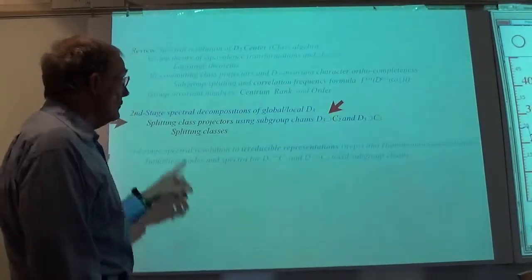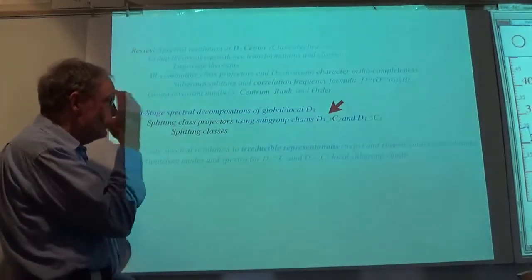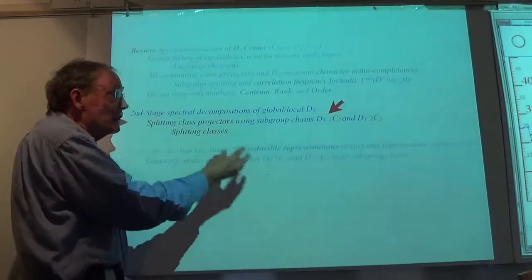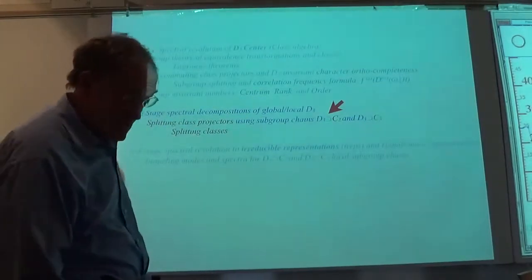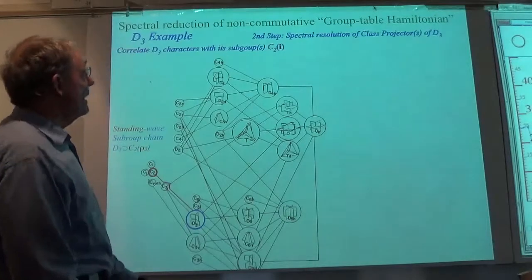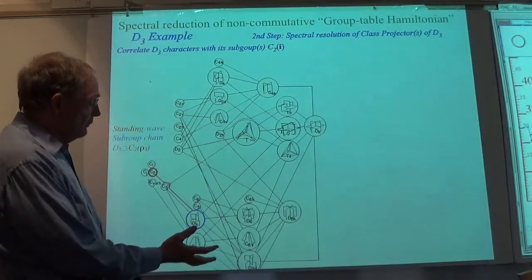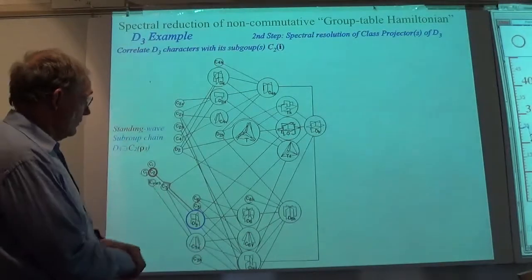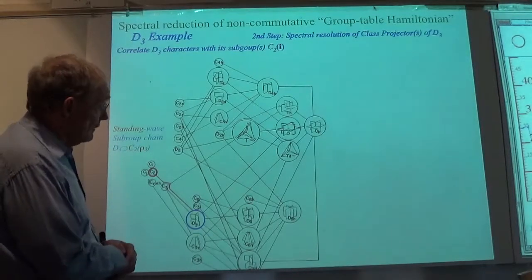Okay? And while we're doing this splitting of the all commuting projectors, we're also going to split classes because they have to match. There has to be a linear combination between the class sums that result and the projectors that result. That's a good accounting check for this. So let's go back to the group zoo, in particular the group zoo for non-abelian things, which is what we're talking about here. And D3 is a prime example, the smallest example in the entire group universe that is non-abelian.